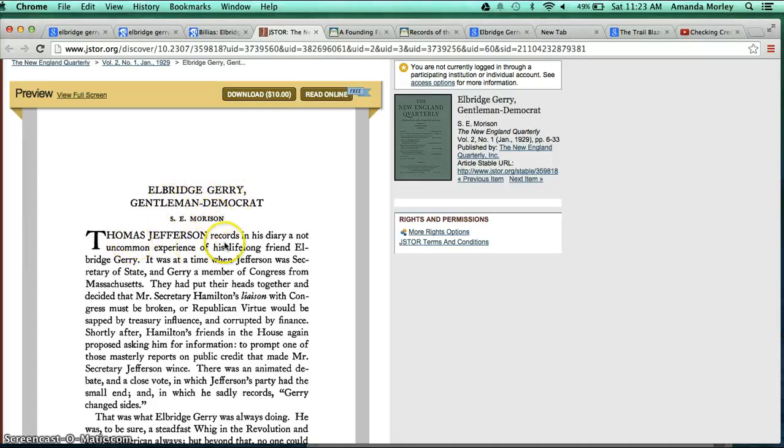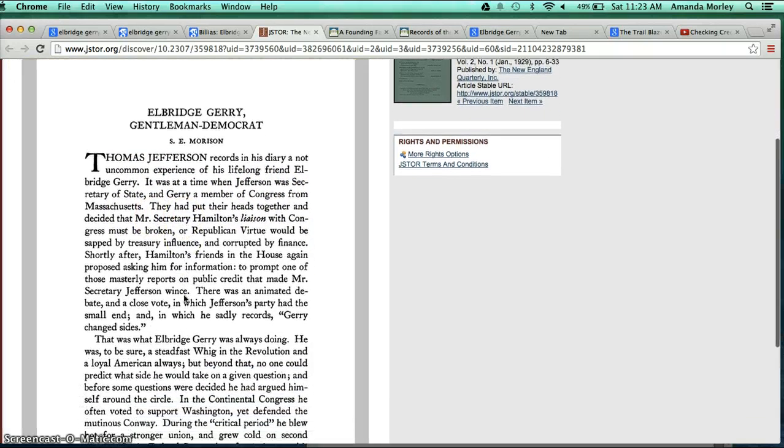Okay, Thomas Jefferson records in his diary a not uncommon experience of his lifelong friend Elbridge Gerry. It was at a time when Jefferson was Secretary of State and Gerry a member of Congress for Massachusetts. They put their heads together and decided that Mr. Secretary Hamilton's liaisons with Congress must be broken. A Republican virtue would be sapped by Treasury influence and corrupted by finance.